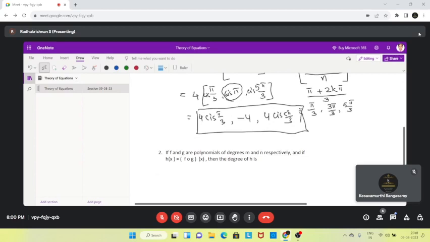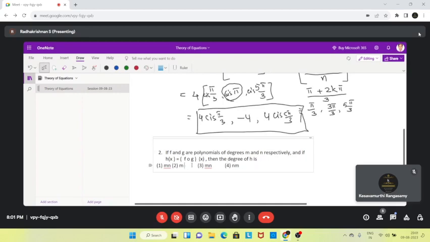This is the problem. Then what is the degree of h? The options are these four options: mn, m plus n, m power n, and n power m.